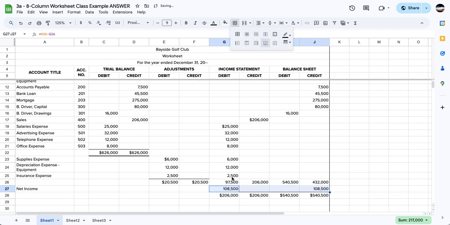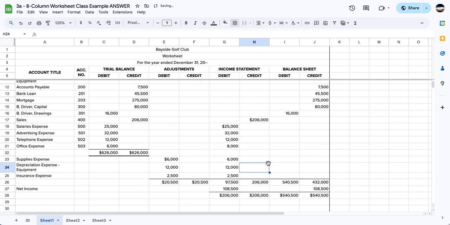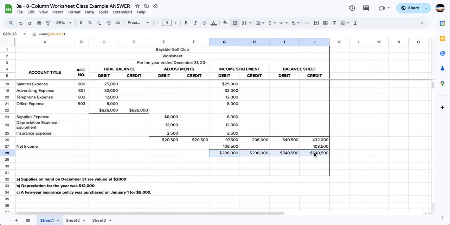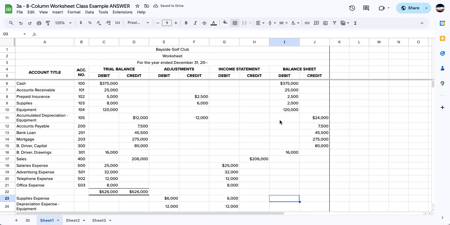And we know from the start of the course what all of this means. Single underlines here. All right, and what that means is these are all calculations, so we've summed all of our columns. These four are also calculations, and then to finish it off, we'll do a double underline here. And there you go. So that is your 8-column worksheet.